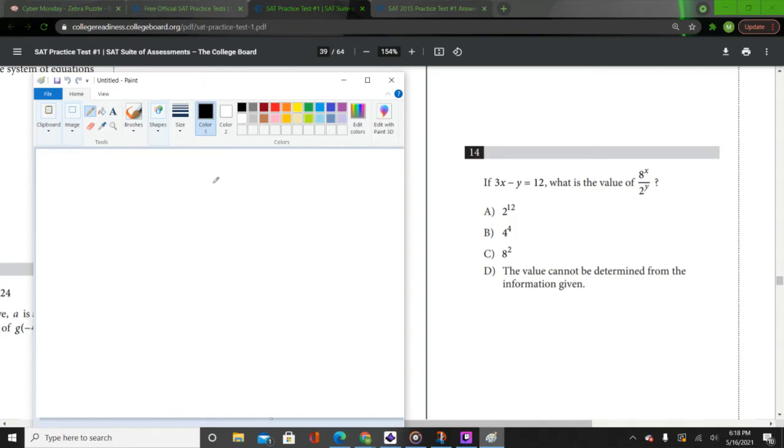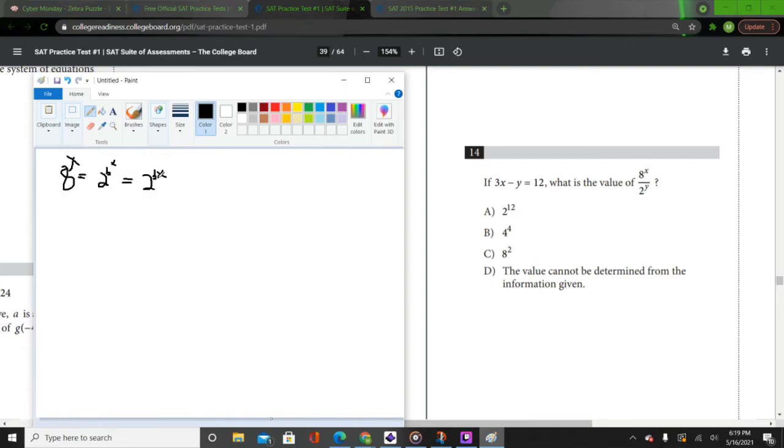Right. So before I write anything down, let's write this. We have 8 to the power of x, but that's equal to 2 to the power of 3 to the power of x, which is equal to 2 to the power of 3x.